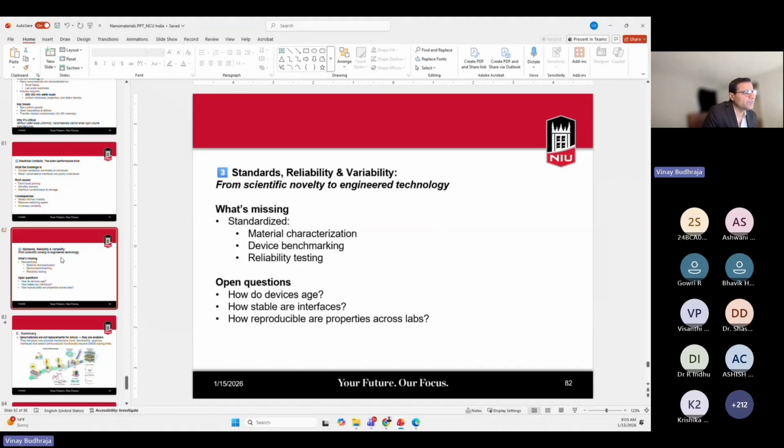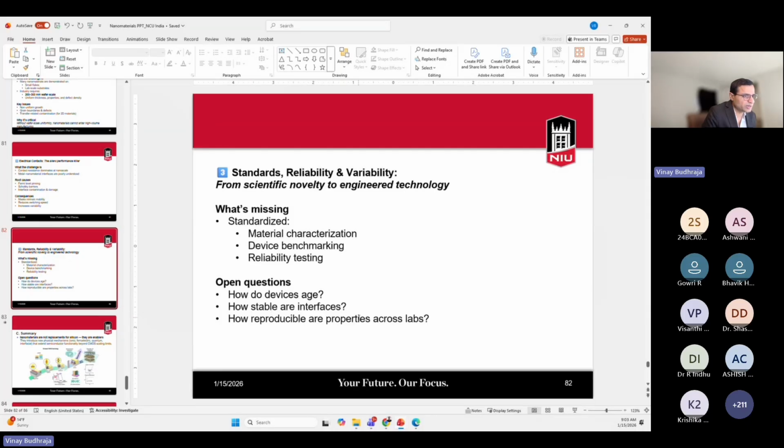Standards, reliability, and variability: from scientific novelty to engineering technology. In the adoption of nanomaterials, material characterization, device benchmarking, and reliability testing are missing. So the open questions are: how do devices age? How stable are interfaces?